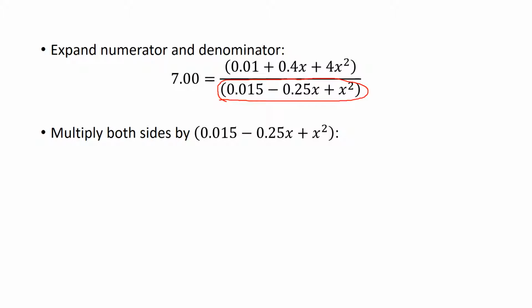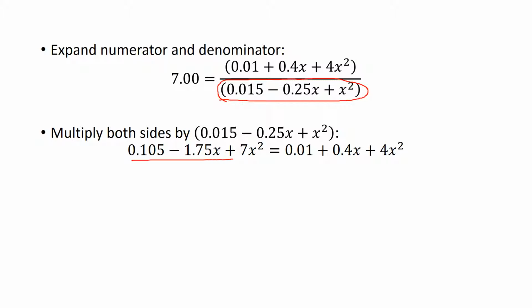So the 7 will become 7 times this quantity. This is a result of multiplying this denominator by 7.